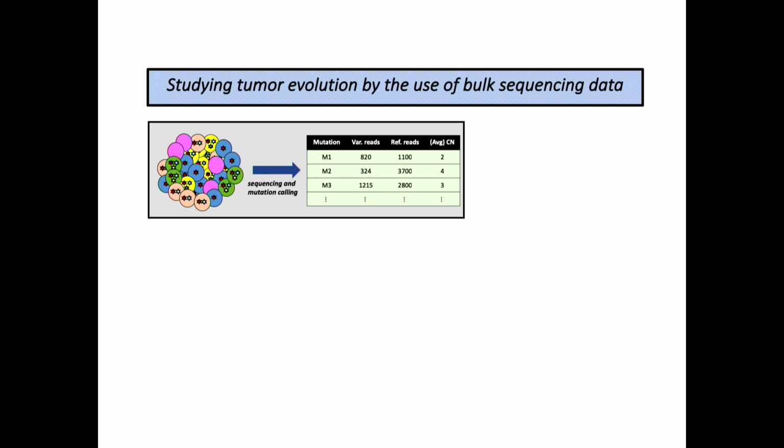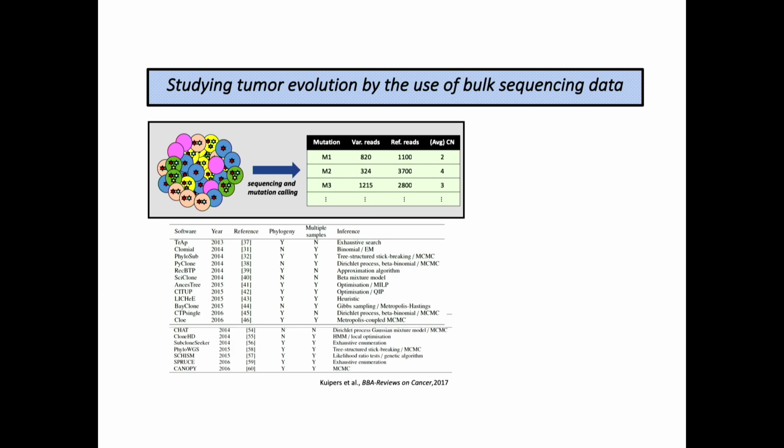And based on this, you can compute the variant allele frequency that many of you may be familiar with. And the variant allele frequency would impose an order, at least a partial order, on some of these mutations, provided that, first of all, they live on the same path from root to one of these leaves or multiple leaves, and provided that your measurements are reasonably accurate. There are multiple tools for figuring this out from one or multiple samples obtained from the same individual.